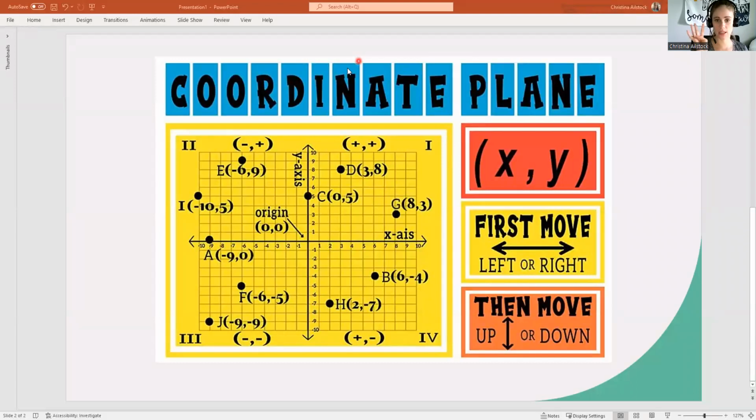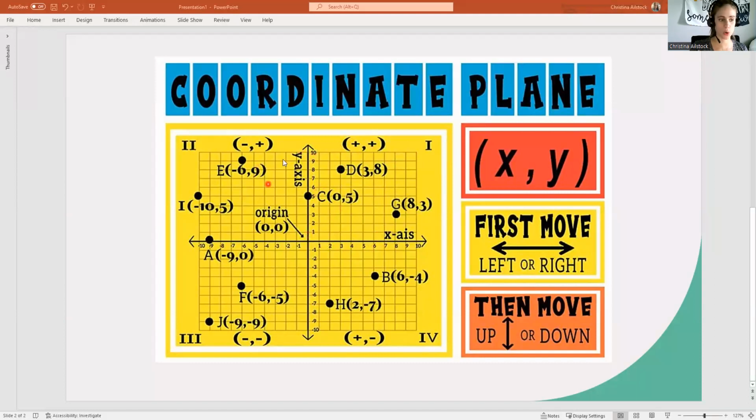And there are technically four sections. There's four quadrants. So up here, in the upper right-hand corner is your first quadrant, and all of the points in that are positive because we can see we have positive numbers here and positive numbers here.